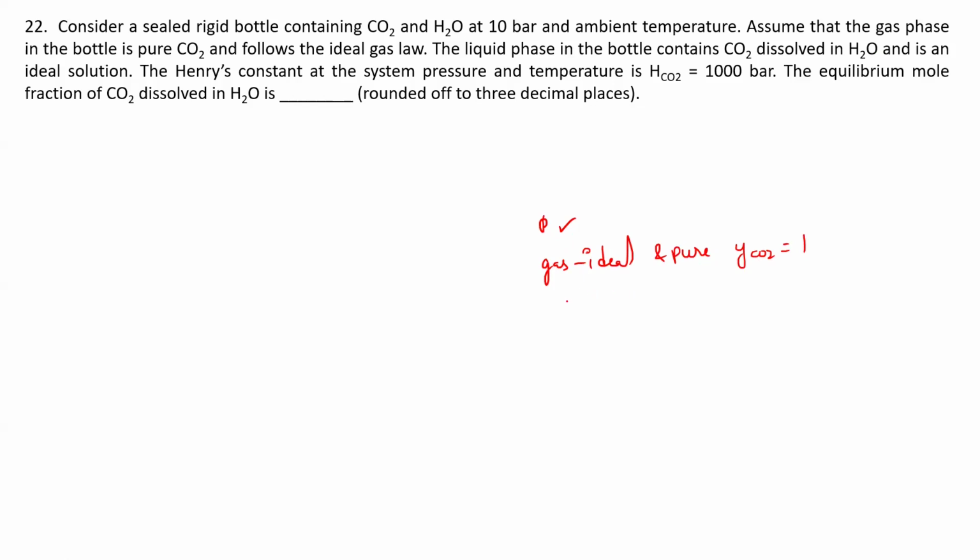The liquid phase in the bottle contains CO2 dissolved in H2O and is an ideal solution. So the solution is also ideal. The Henry's constant at the system pressure and temperature is 1000 bar. So Henry's law is followed for the liquid. The equilibrium mole fraction of CO2 dissolved in H2O is.